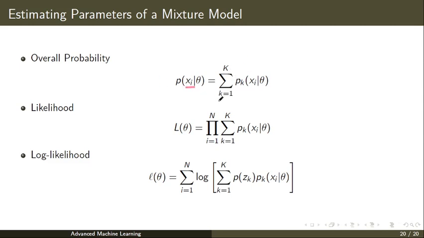The log likelihood is you take the logarithm of that.